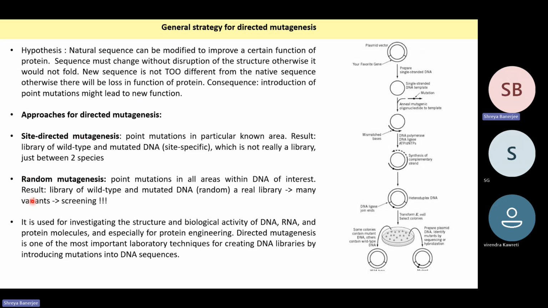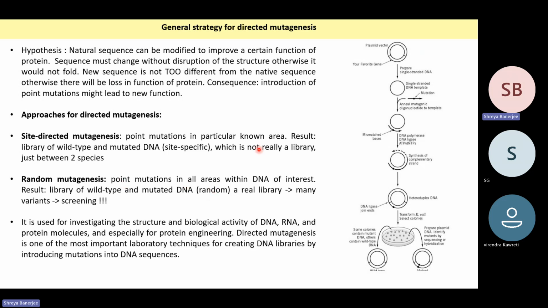Another is random mutations, where mutations can happen in all regions within the DNA. So we will get an entire library having the wild type DNA as well as mutated DNA. So in random mutagenesis, mutation happens in random regions of the DNA.